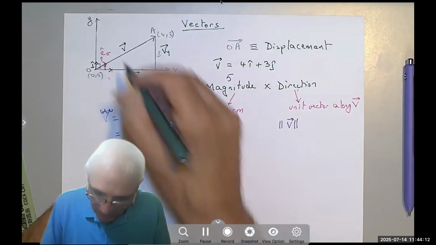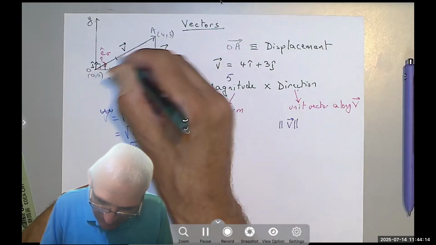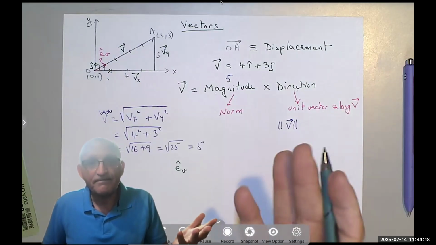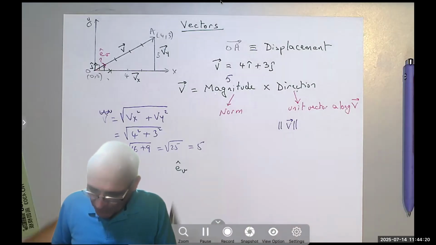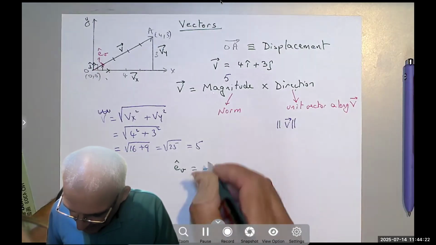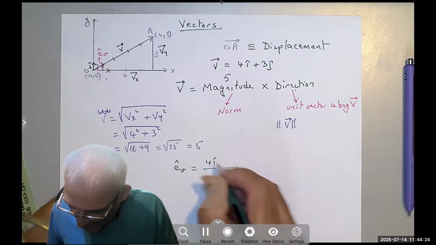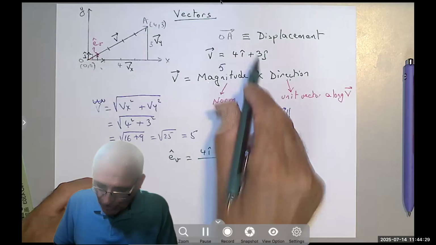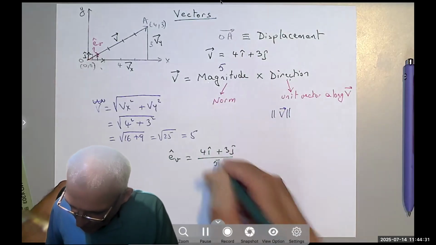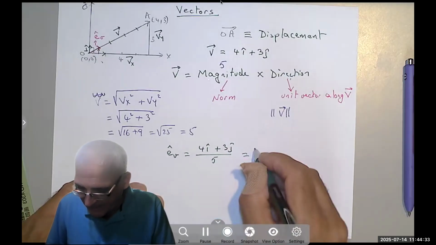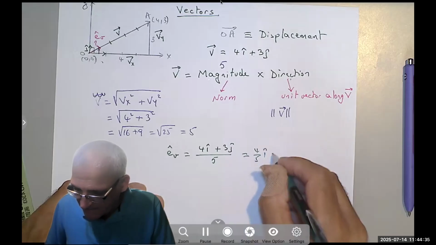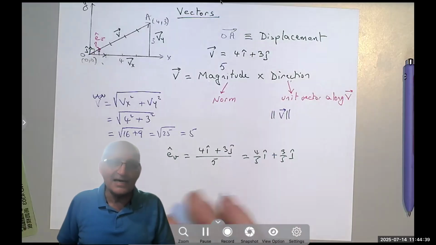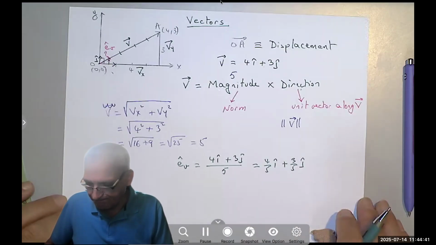One of these fifths. So if I divide this distance into 5 equal units, each one of them would be what? It would be the vector itself, which is 4i plus 3j, divided by the magnitude, which we found to be 5. So you can write it as 4/5 i plus 3/5 j, or you can call it 0.8 i plus 0.6 j.